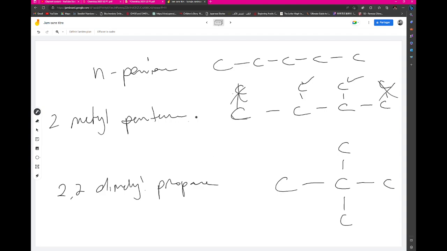Sorry, this is butane here. If you do this, it can't work because it's just going to create a bent structure. So overall, we have 3 different isomers of pentane.